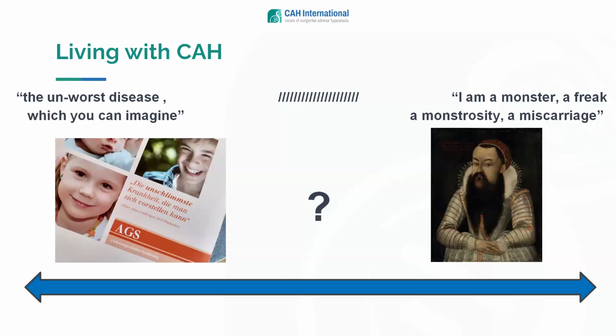On the brochure, it says in German, CAH, AGS, ist die unschlimmste Krankheit. I hope it translates well into English. It's the unworst disease you can imagine. This is a quote by a child, of course, but we also have adults who say, okay, living with CAH, I take my pills and that's it.